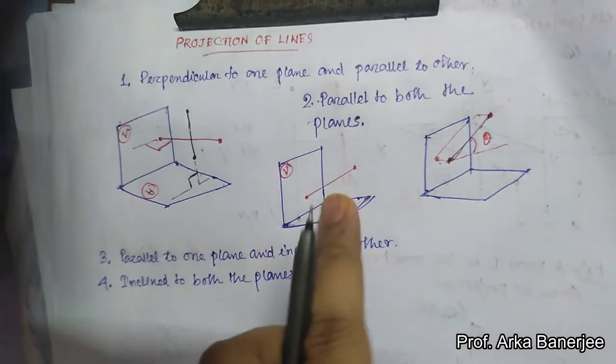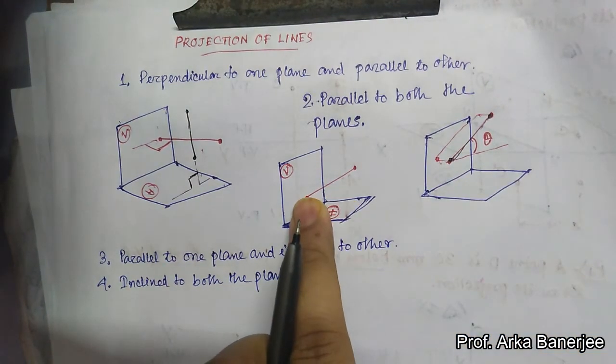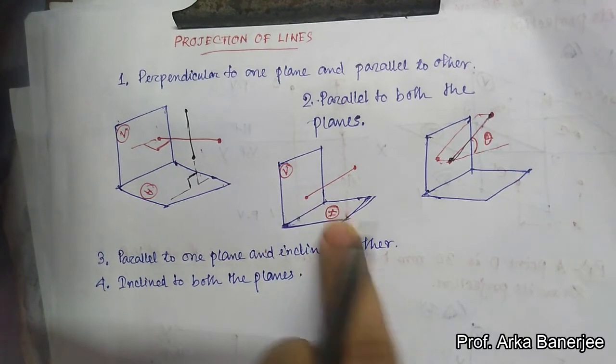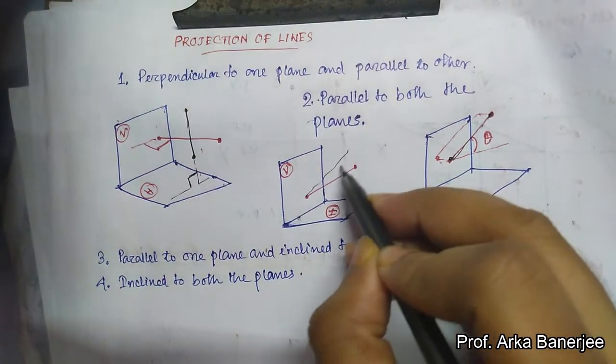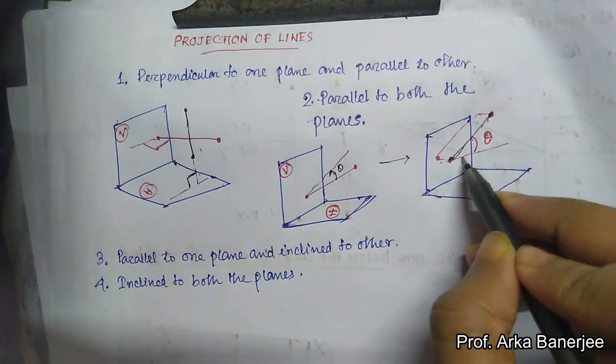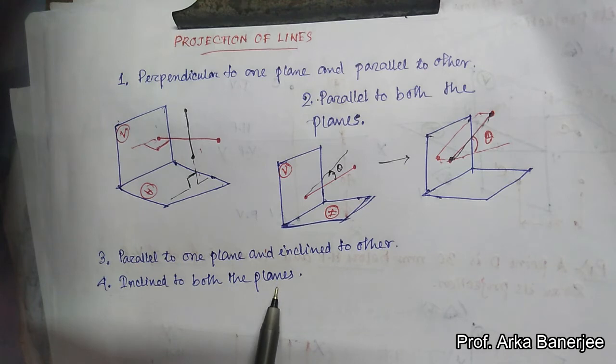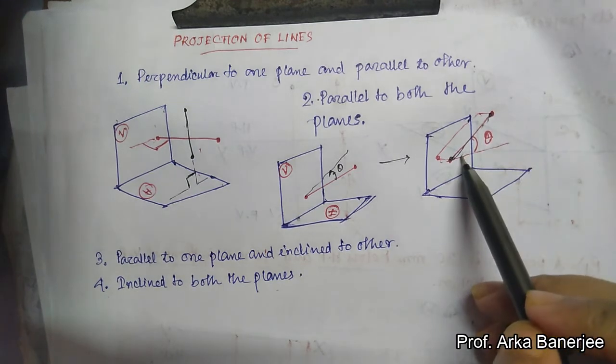It was first at this position, parallel to both the planes. Then we rotated it by a certain angle theta. So this is the next position, as mentioned in point number 3, that it is parallel to one plane but inclined to the other.